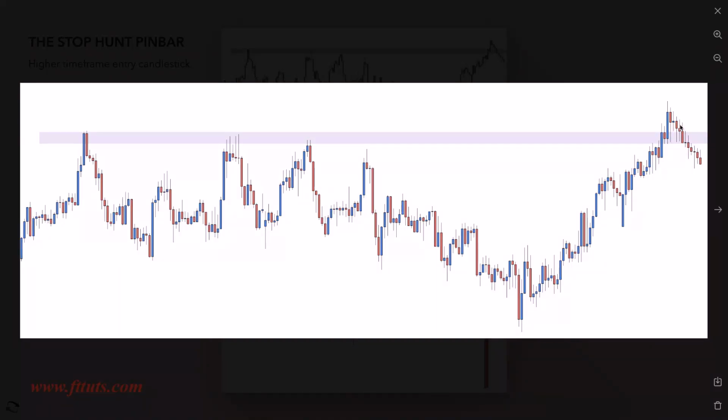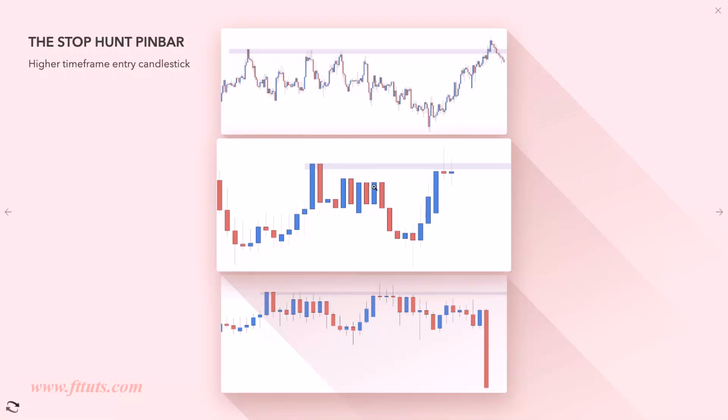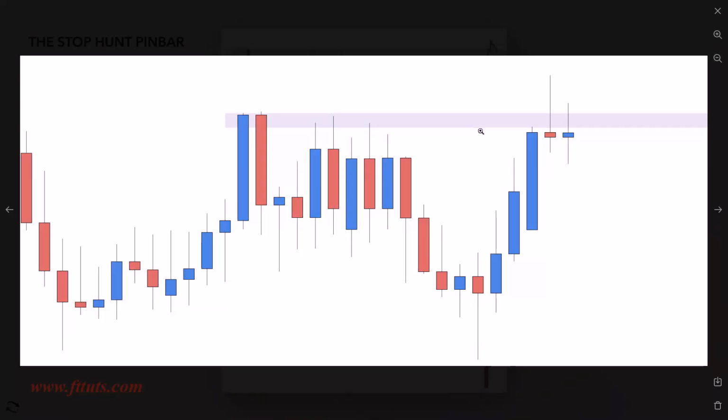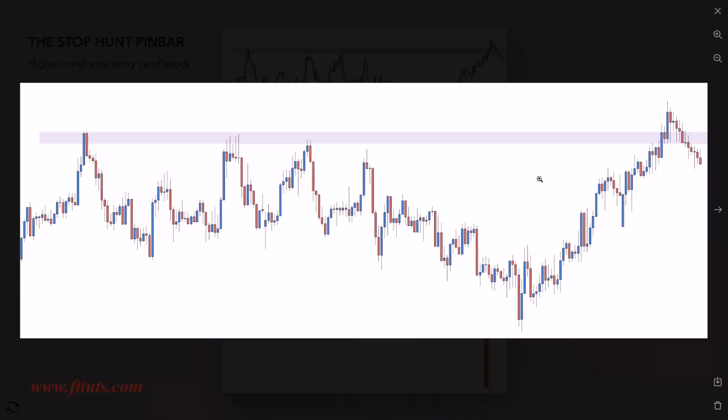So if you do see situations like this, then what you can do is look to the higher time frame. And this candlestick here basically represented all of this.